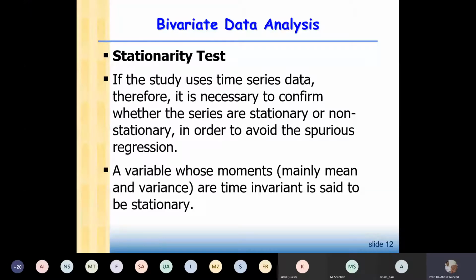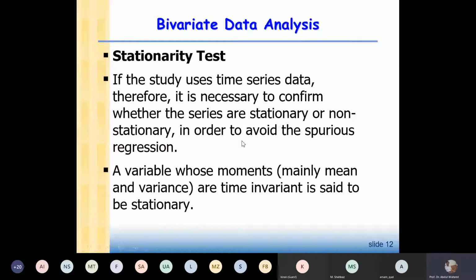For this we use the Engle-Granger cointegration test. We run the regression, get the value of the residual, and if the residual is stationary at level, then even if the two variables are stationary at first difference, we will say that there exists a long run relationship between these two variables and the series are co-integrated.